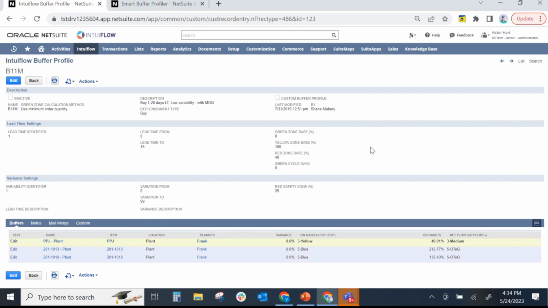What that means is that you need a profile that covers the variance from 0 to 10, 10 to 20, 20 to something, and something to infinity. Because when Smart Buffer Profiler runs, your variance is going to have a value, and it needs a buffer profile to fall into. They can't overlap, and they have to cover everything.